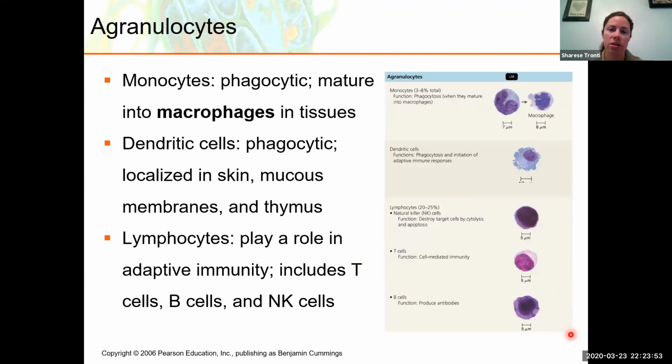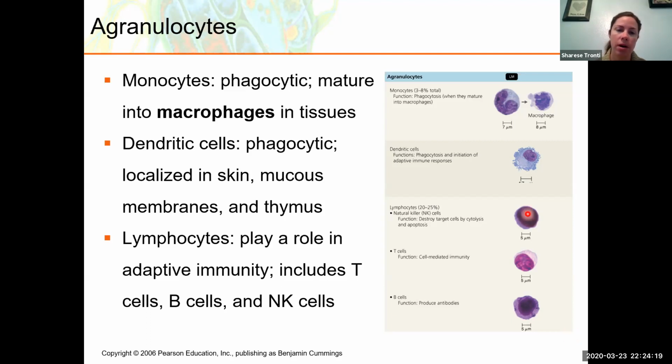All right, and then the agranulocytes. The first one is the monocytes. These guys are phagocytic. And again, remember, they mature into macrophages once they move into the tissues. And dendritic cells also phagocytic, but they are localized to a certain region. So some are localized to the skin, some are localized to the mucous membranes, some are localized to the thymus. They're localized in a particular area.